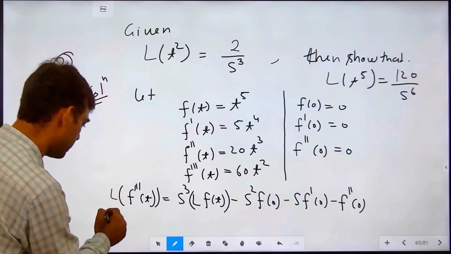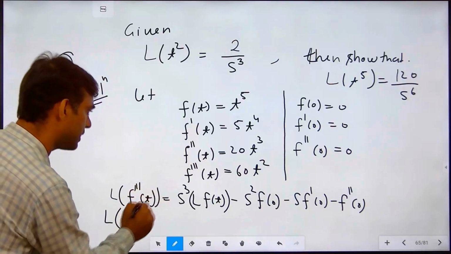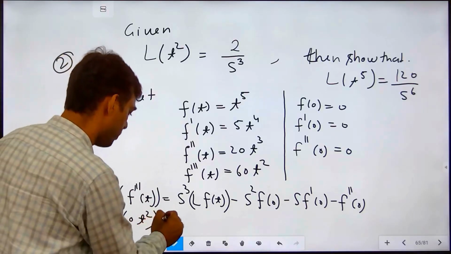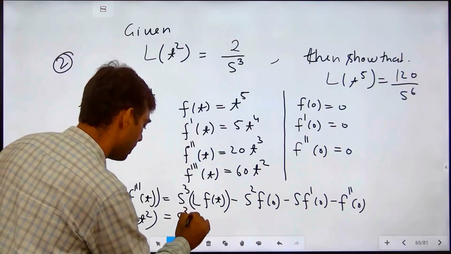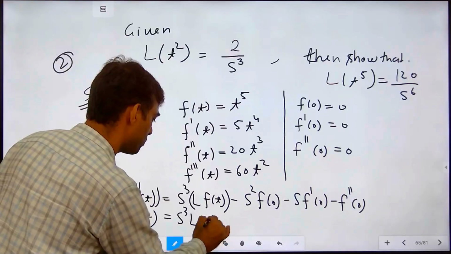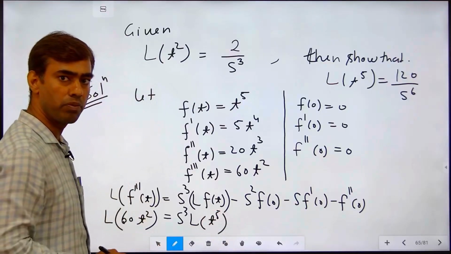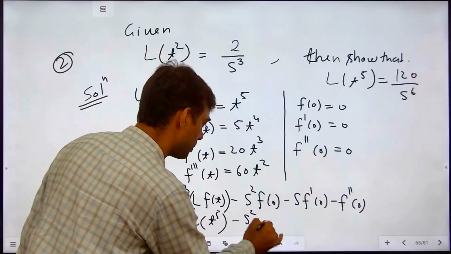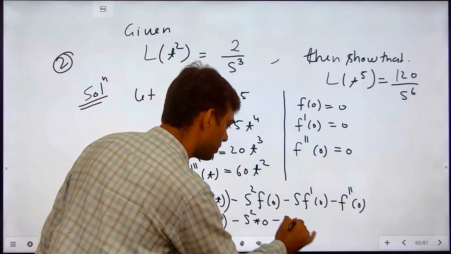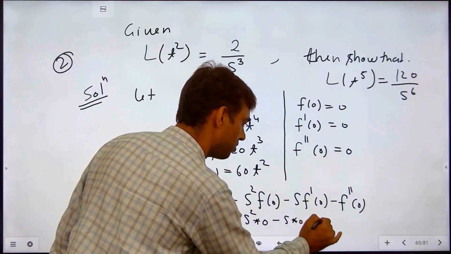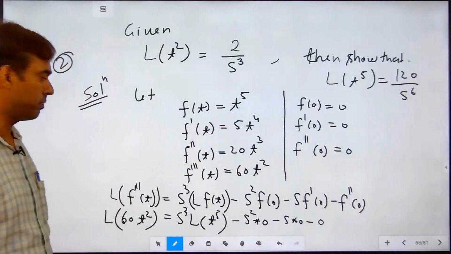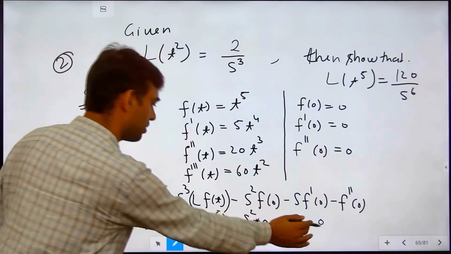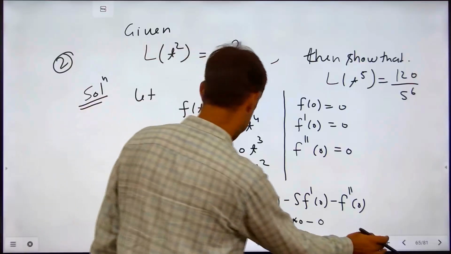After putting the values, the Laplace transform for f triple dash t, meaning the Laplace transform for 60 t square, equals s cube times the Laplace transform for t to power 5, minus s square times f of 0, which is 0, minus s times f dash 0, which is 0, minus f double dash 0, which is 0. After simplification, these terms become 0.